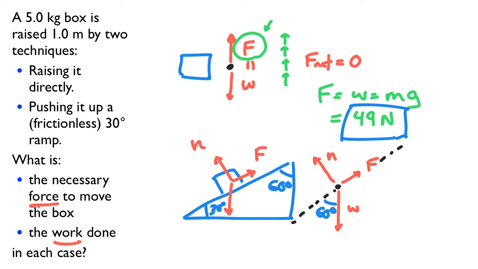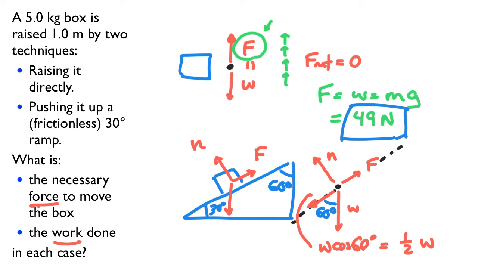And I can take that weight force and take a component of it that points along the ramp. Okay, and that component along the ramp is just going to be equal to W times the cosine of 60 degrees, which in fact is 1/2 W.